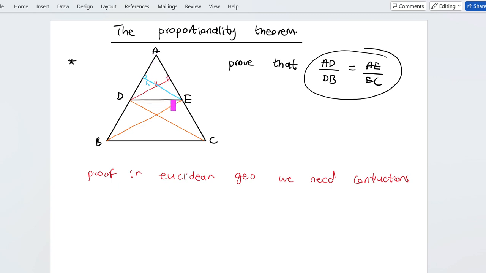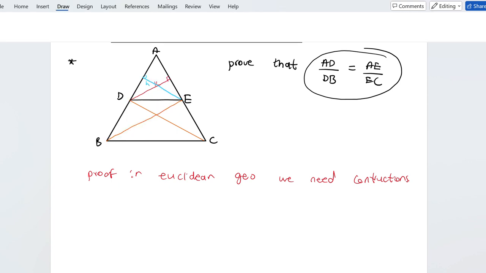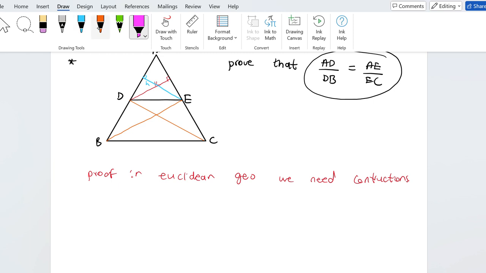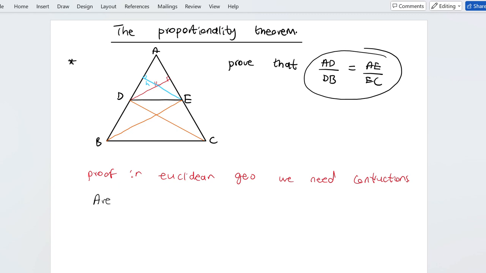And similarly, this triangle here also has the height of H, which is represented by this blue line. I'm going to check the ratio of the areas of those two triangles. We know that the area of a triangle, in general, is given by half multiplied by the base multiplied by the height.